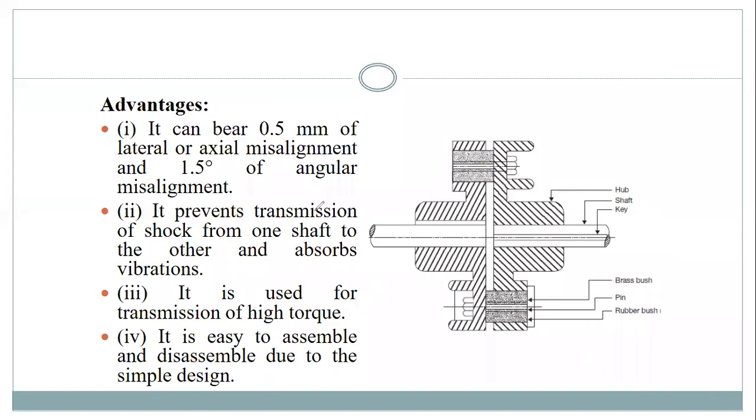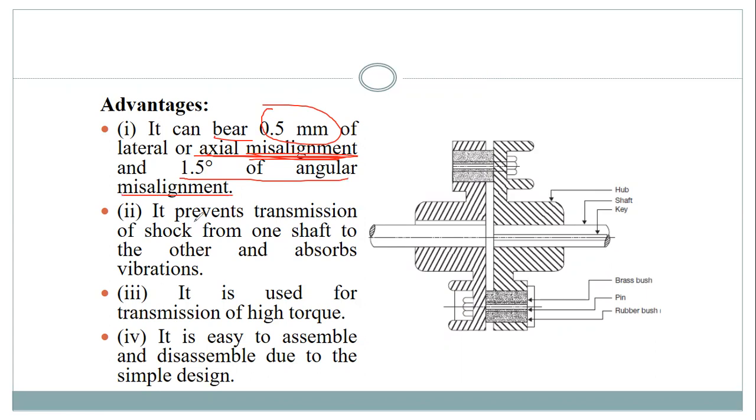Now, what are the advantages? See, the biggest advantage is that it can bear axial misalignment. How much? Up to 0.5 mm of lateral or axial misalignment can be taken by flexible couplings. And around 1.5 degree of angular misalignment can be borne by these couplings.